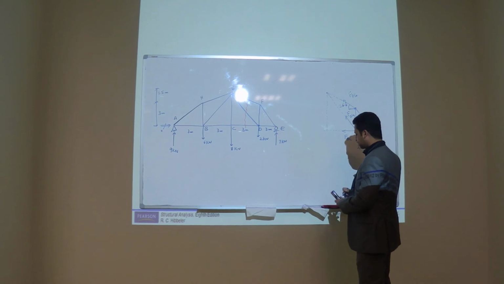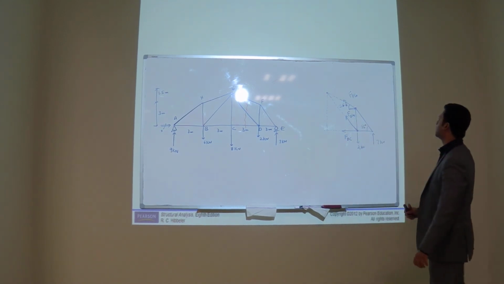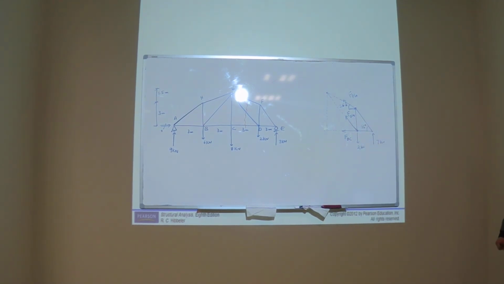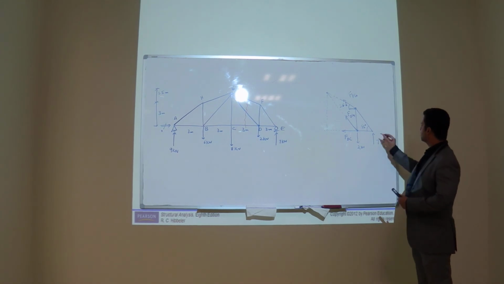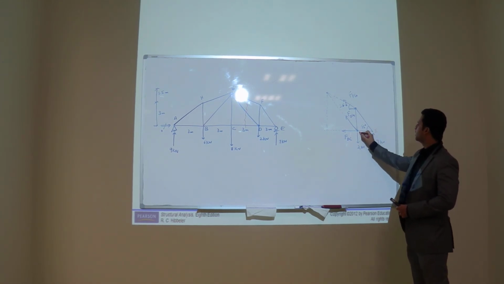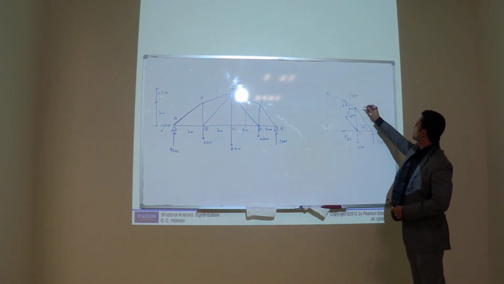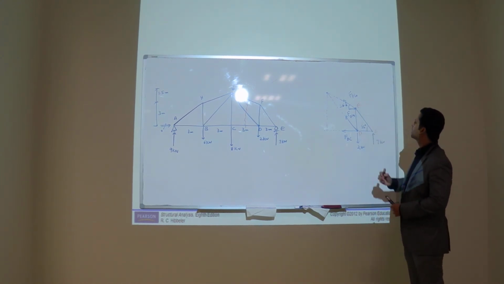So what should we do now? We could take joint E, to know the member EF.